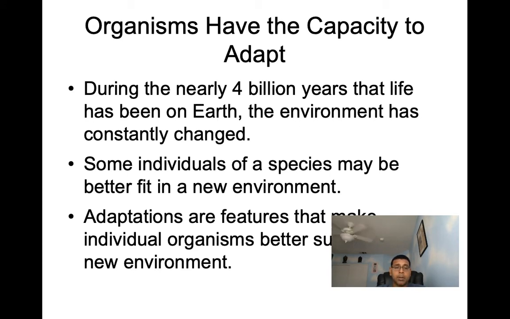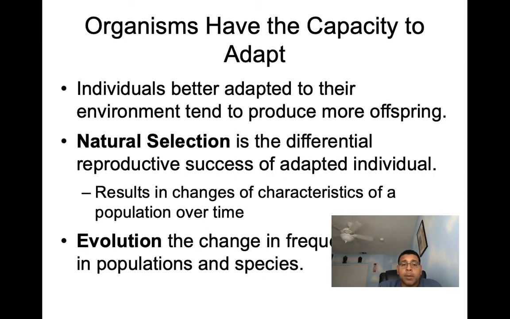You'll see during the nearly 4 billion years that life has been on Earth, the environment has constantly changed. Some individuals of a species may be better fit in a new environment. Survival of the fittest, as they say. Adaptations are features that make individual organisms better suited to the new environment, and individuals that are better adapted tend to produce more offspring.